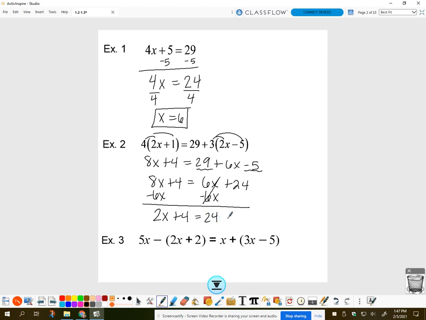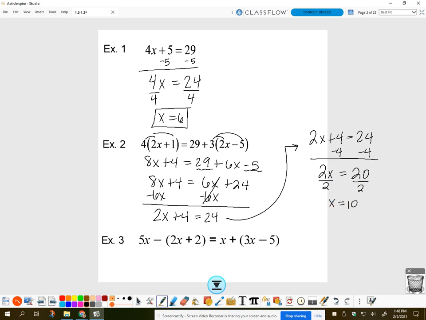Now we have something like number 1. Let me rewrite it to make sure that we're all okay. We're going to subtract 4, which gives us 20. And then we divide by the 2, so x is 10.